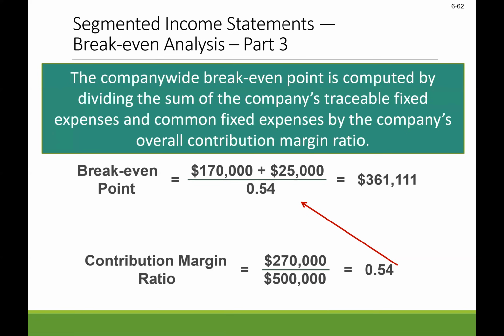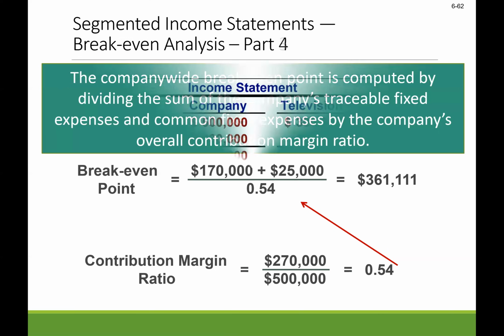You divide that by the contribution margin ratio to get 361,111.